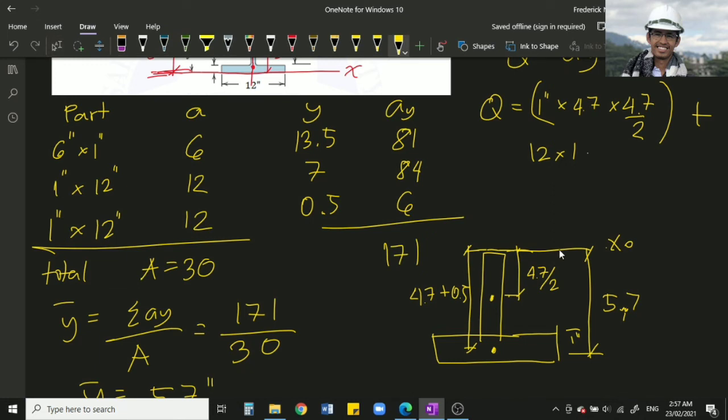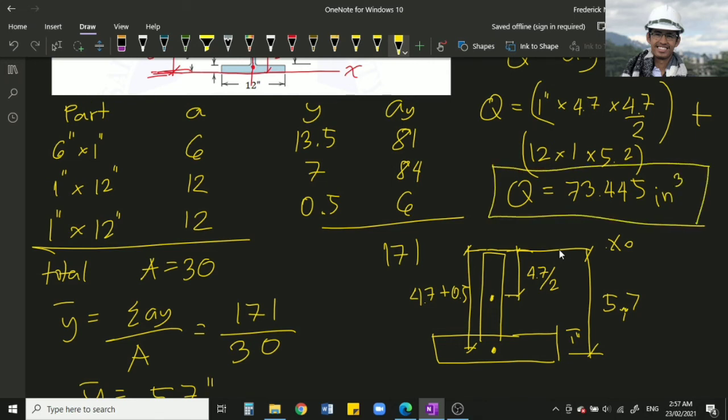Okay, so that will be times 5.2. Therefore, our moment of area about our XO or our Q will be Q is equal to 73.445 cubic inch. Okay, so that will be our final answer.